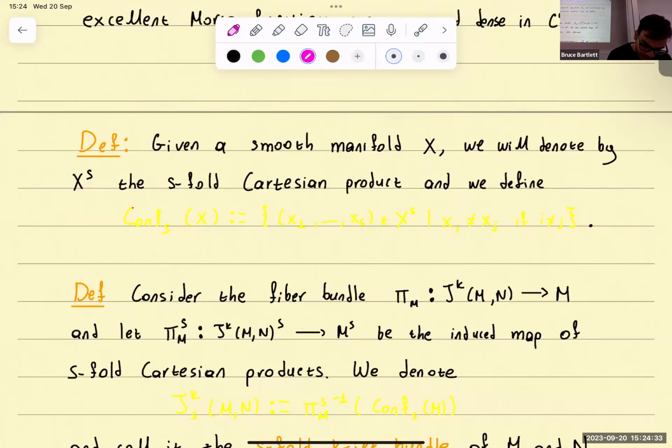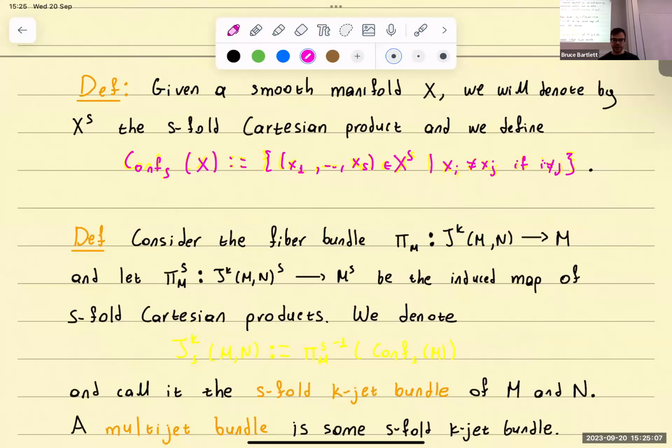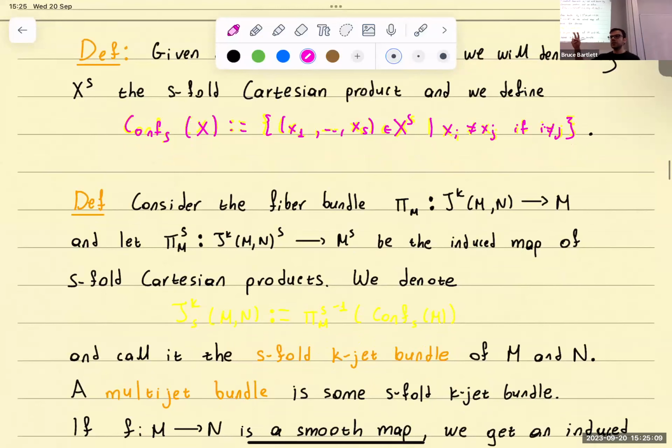I can also consider a subspace of it, which is the configuration space of s points in X. That's basically just s-tuples (x1, ..., xs) in the Cartesian product with the property that xi is different from xj if i is different from j. That's usually called the configuration space of s points in X. I don't want any two points to be the same in the s-tuple.